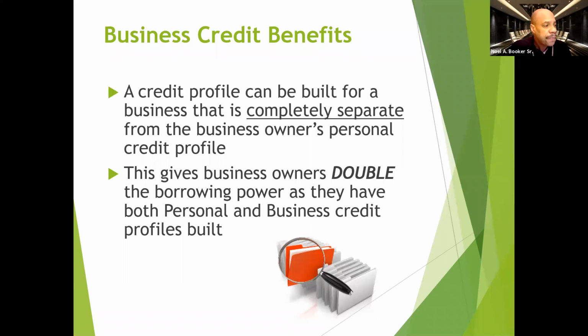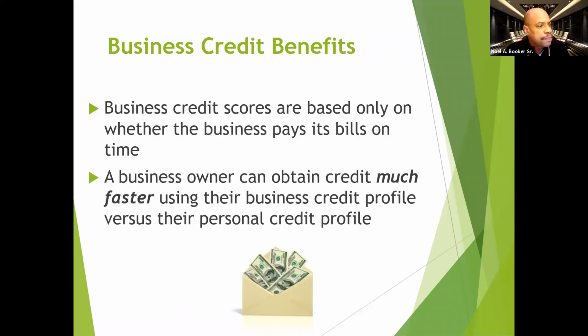This gives business owners double the borrowing power, as they have both personal and business credit profiles built. The business scores are based only on the business's ability to pay its bills on time. A business owner can obtain credit much faster using a business credit profile versus their personal credit profile.